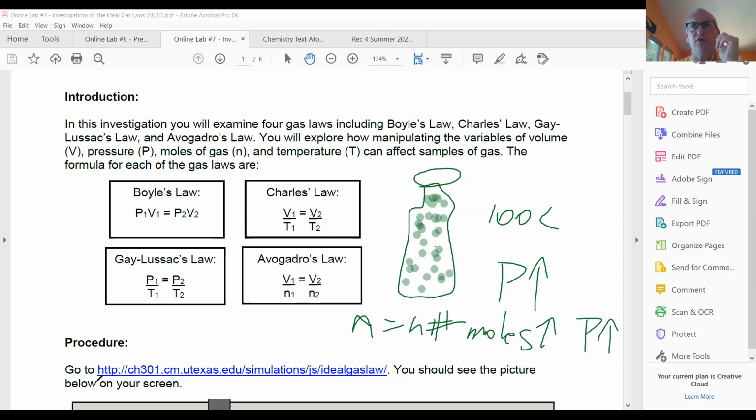What about if I increase the speed of the molecules? If I increase the speed of the molecules, are they going to hit the container more frequently? If they move more quickly, are they going to make more collisions with the side of the container? Yes. What would make the molecules move faster?